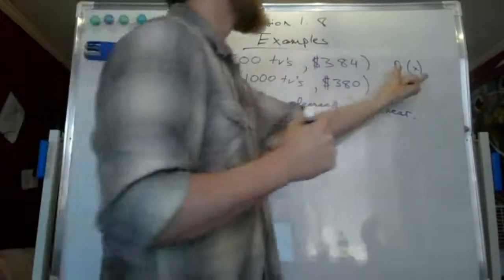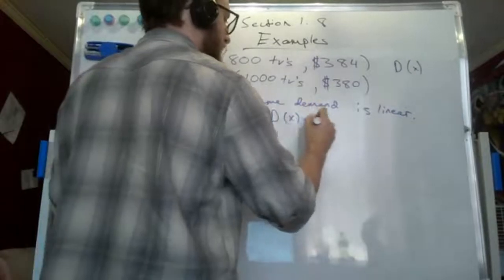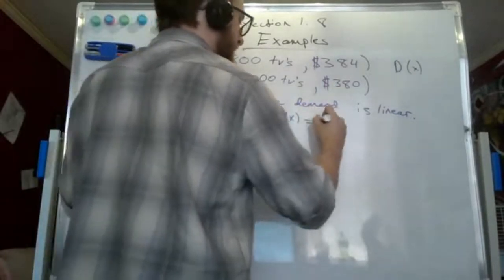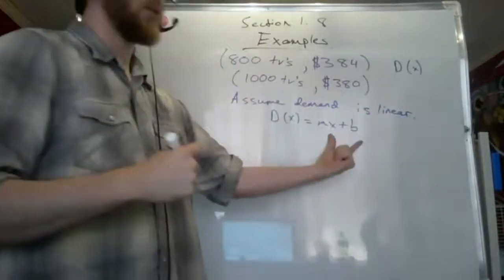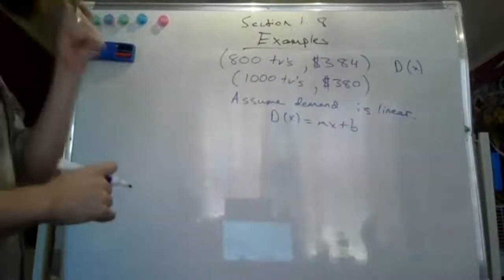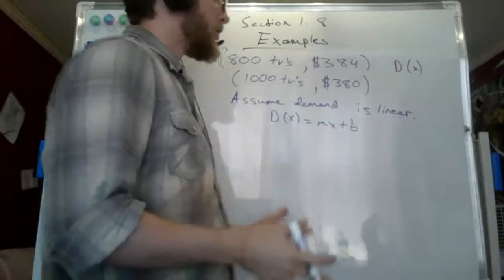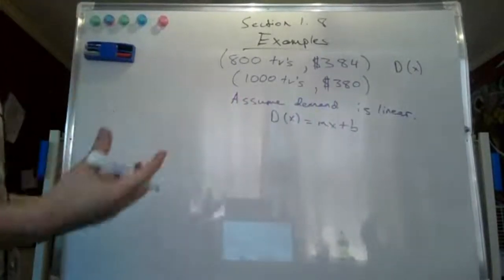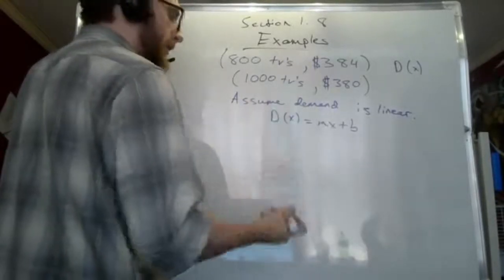Now we know our demand function is linear, which in other words means that d of x is equal to mx plus b, the equation for a line, right? So now that we know the demand takes this form, we can actually figure out the demand based on the point-slope form equation for a line.